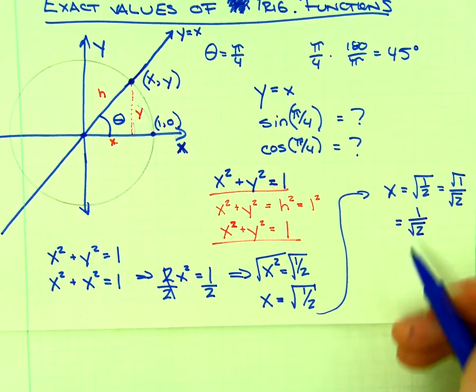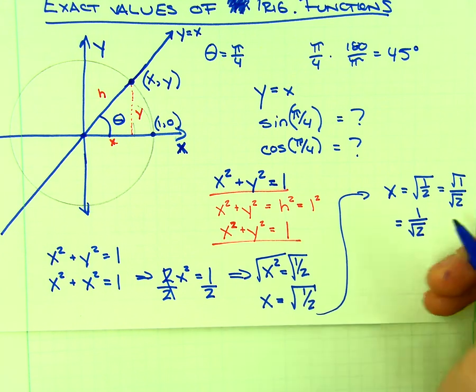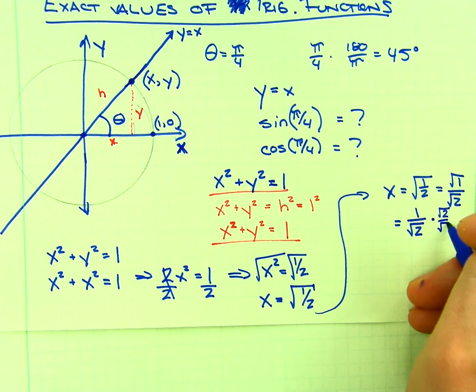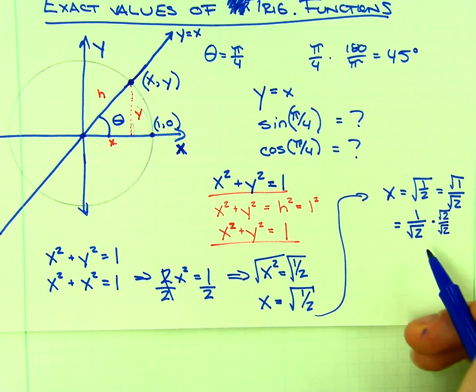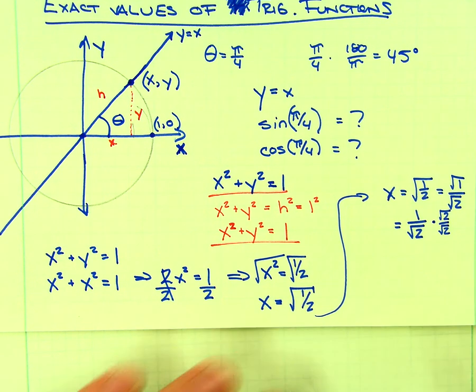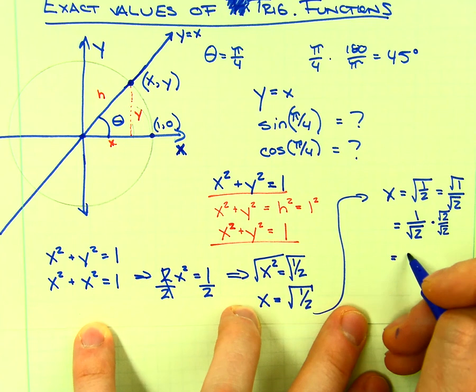Now I don't ever like having a radical, or a square root, in the denominator. So in order to get rid of this, I can just multiply the top and the bottom by the square root of 2. The square root of 2 times the square root of 2 is actually just equal to 2. And on the top I have 1 times the square root of 2.